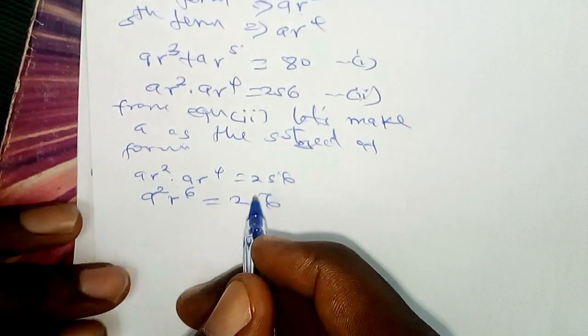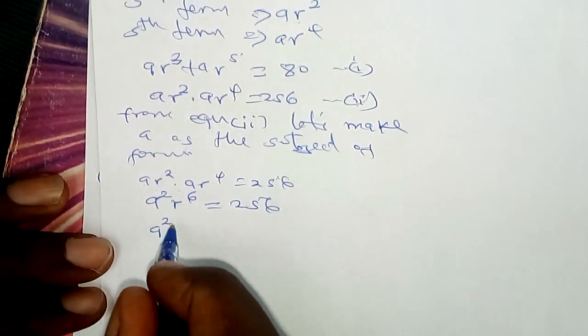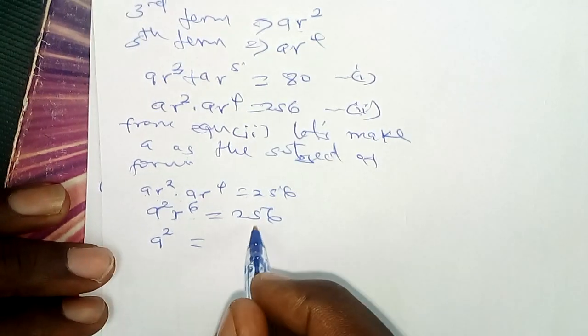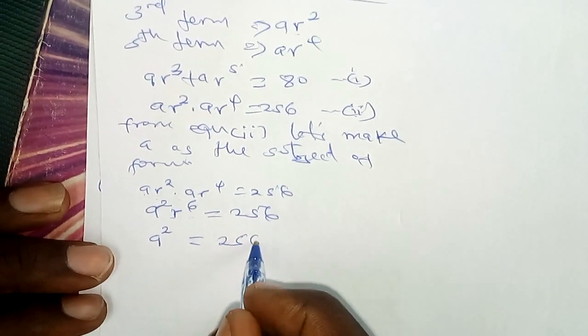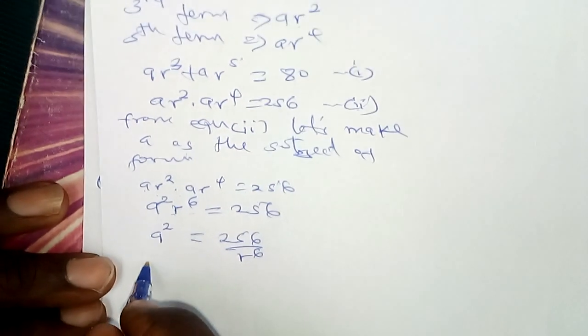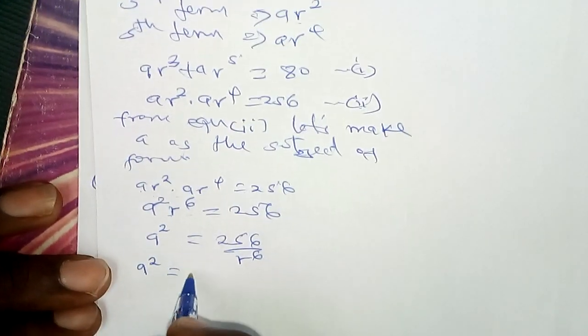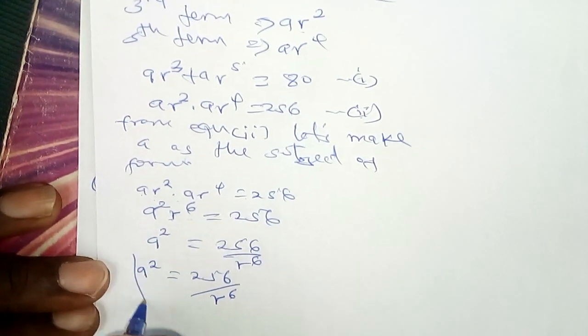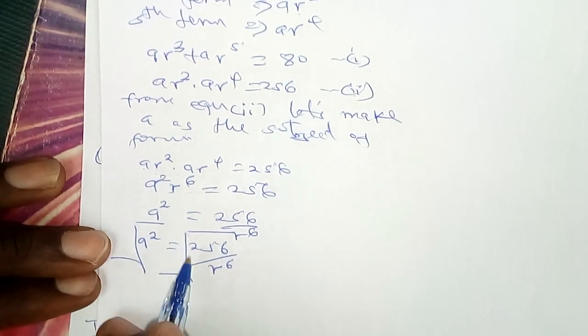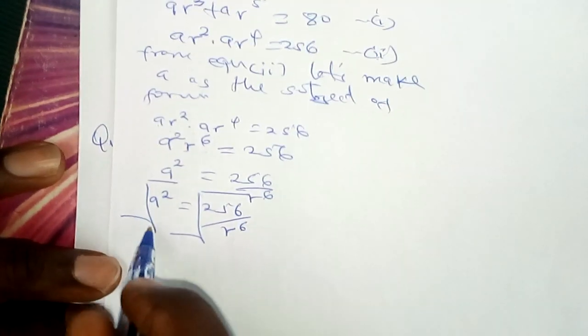Good. Now A squared is equal to, dividing both sides by R raised to 6, 256 all over R raised to 6. To get A alone, because we need to make A, not A squared, the subject, we square root both sides.